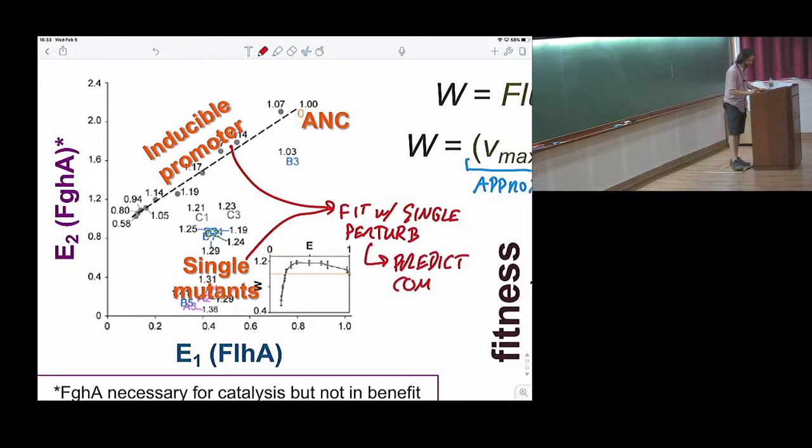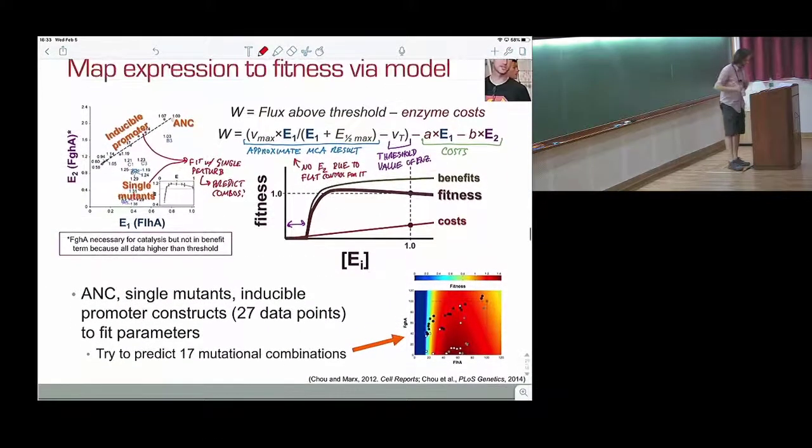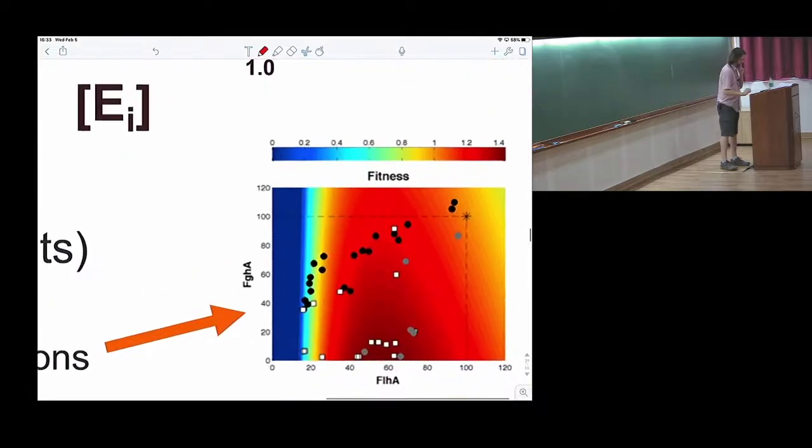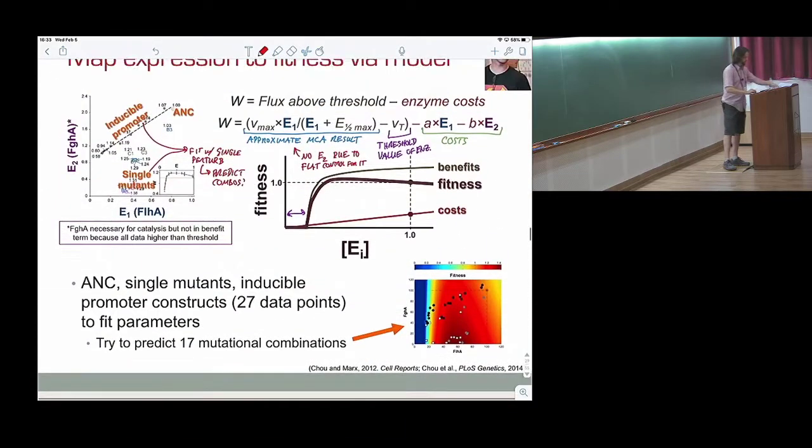So fairly similar to what we talked about yesterday. That's what it says here, in terms of using some of the points to try to predict the others. There was a fair amount of data to predict both of those. And you can see the model landscape looking straight down on it, fitness indicated in color. Let's talk first about that threshold.